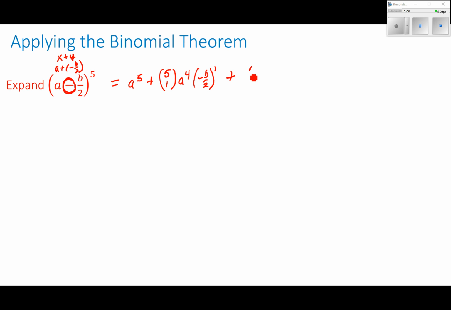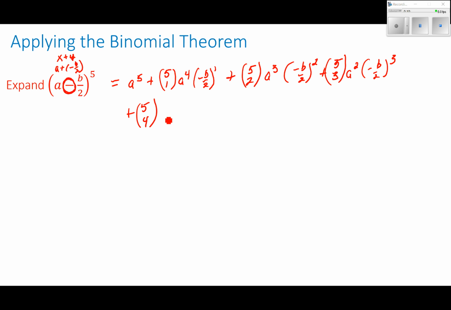plus 5 choose 2, a cubed, negative b over 2 squared, plus 5 choose 3, a squared, negative b over 2 cubed, plus 5 choose 4, a, negative b over 2 to the fourth, plus negative b over 2 raised to the fifth power.